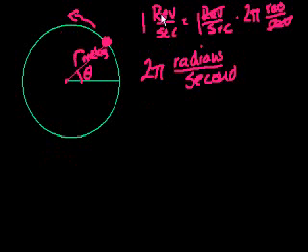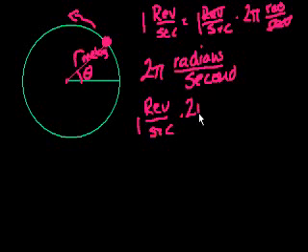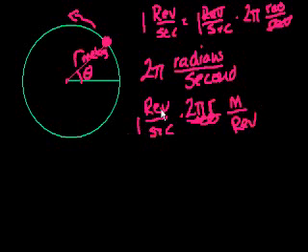Well, you could do the same thing up here. 1 revolution per second times 2 pi r, where r is the radius. You can ignore that line. 2 pi r meters per revolution, right? That's just the circumference of the circle.